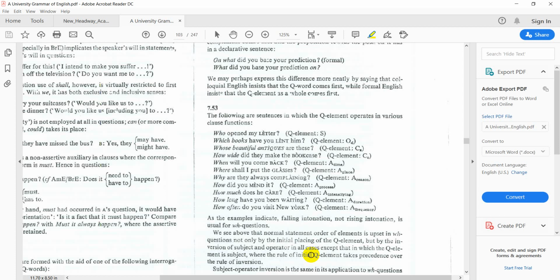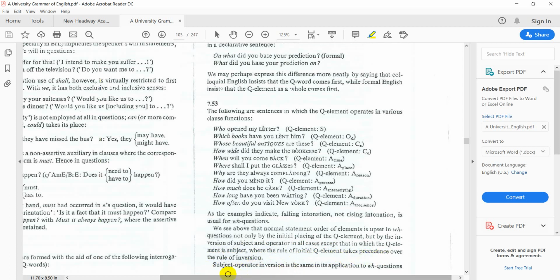And as usual, as we explained with yes, no question, if there is no operator, of course, we can depend on the verb do. Okay. So there is an inversion of subject and operator in all cases, except that in which the Q element is the subject, where the rule of initial Q element takes precedence over the rule of inversion.